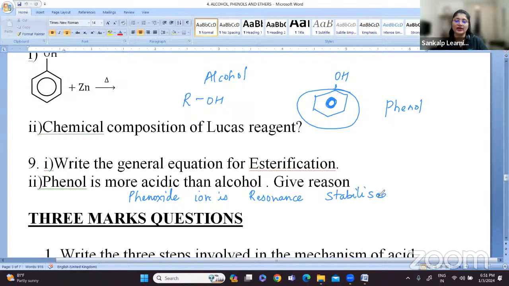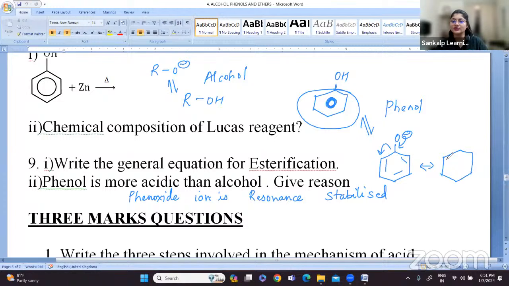When you remove the hydrogen, RO minus forms. For phenoxide ion, this will be O minus, and this O minus will undergo different resonance structures.